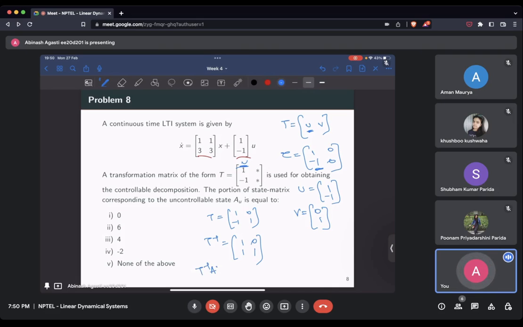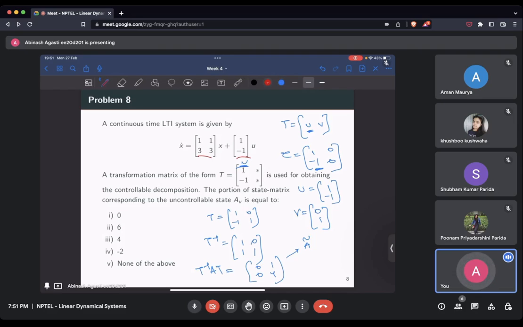Now what is T inverse AT? 0, 0, 0, 1, 4. Yeah, so this is the correct transformed A matrix.